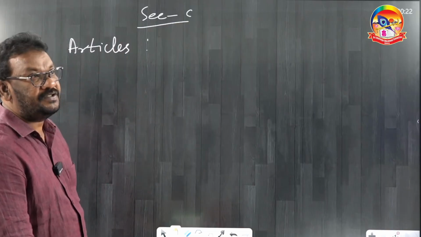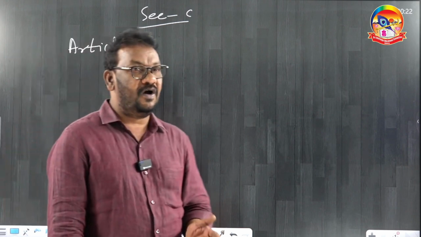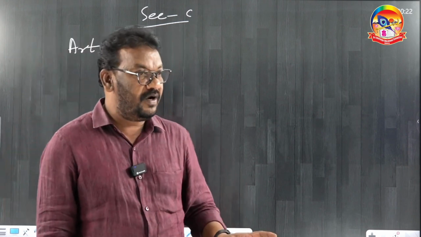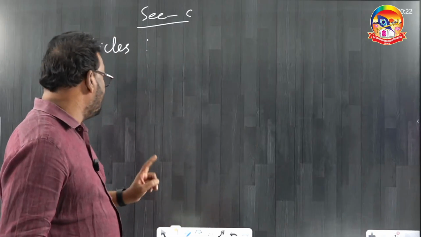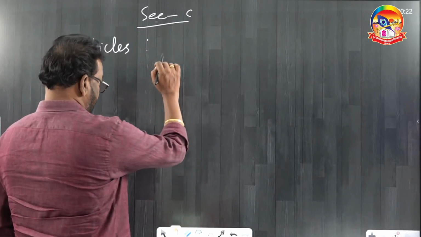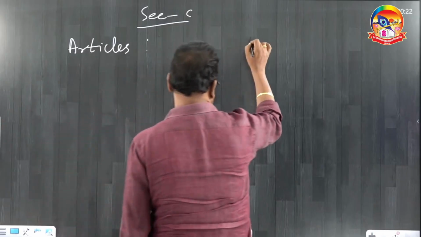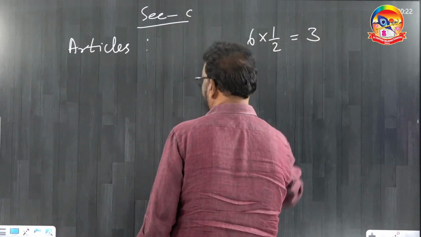You must have been practicing our workbook where we included everything from our textbook. So it's enough if you practice our Chaitanya's workbook. Surely you will be able to score 3 out of 3 in articles.